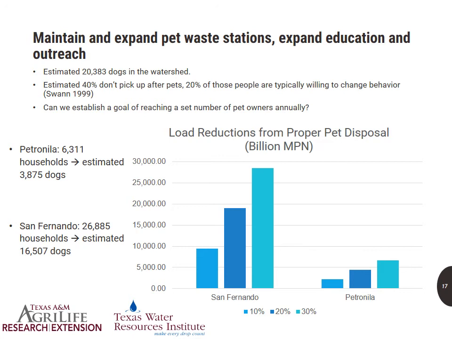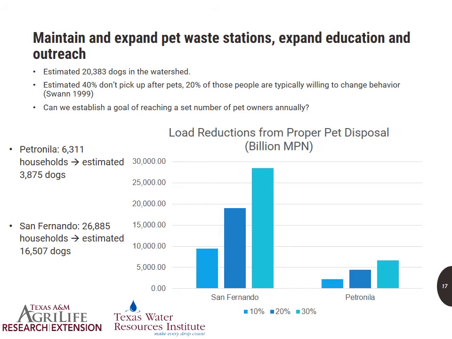Just based on past literature, about 40% of owners don't pick up after their pets, and around 20% we think is people who are actually willing to change their behavior if they're given the proper tools, to make it easy for them. So we wanted to see what we felt was a reasonable goal for percentage of those 40% that don't pick up after their pets, on who we might be able to influence a behavior change.